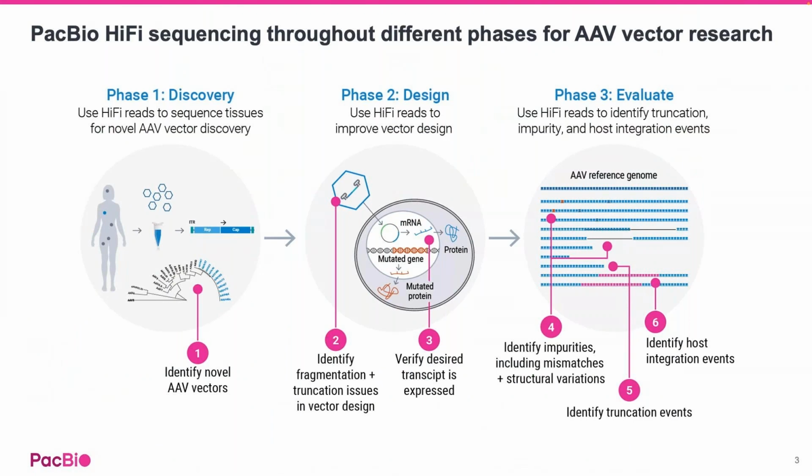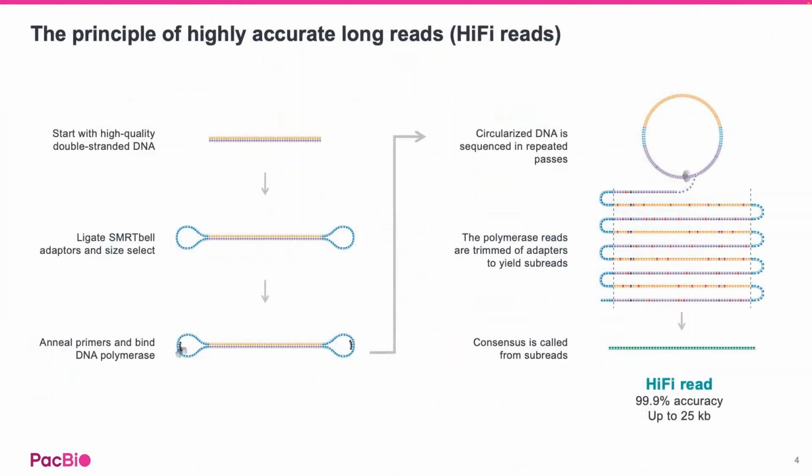You can use PacBio HiFi sequencing along the development process of your AAV vector from capsid discovery through vector design to evaluation of your AAV vector preparation. The principle of HiFi sequencing is the ligation of SMRTbell adapters to double-stranded DNA, followed by the sequence of the circularized DNA template.